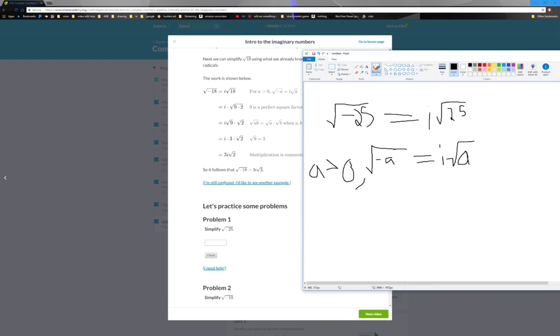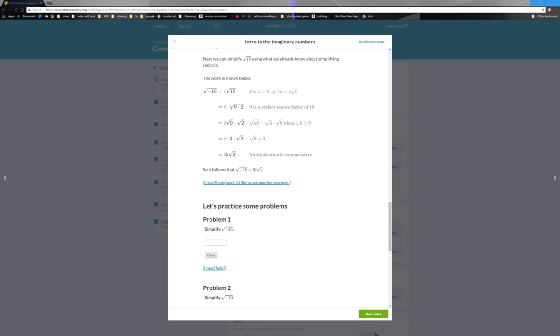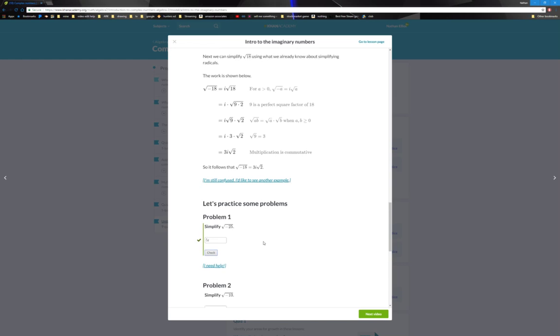So we're taking the positive a, and we're taking i times the square root, so it'd be 5i actually, because of the way you order it. So it'd be 5i, we'll check, and we got it right.